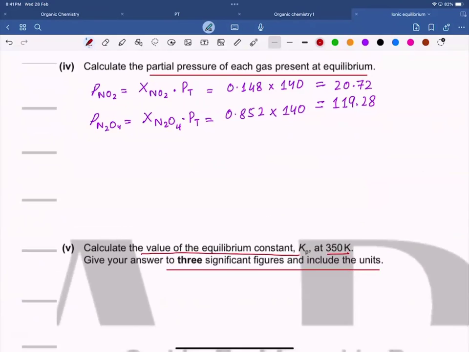So Kp equals 119.28 divided by 20.72 squared, because it has a square in the Kp expression. Now you will solve it and you will get the answer.